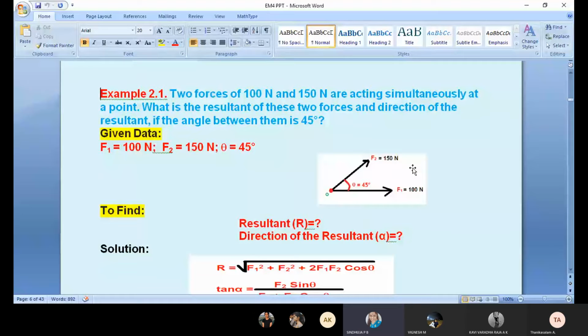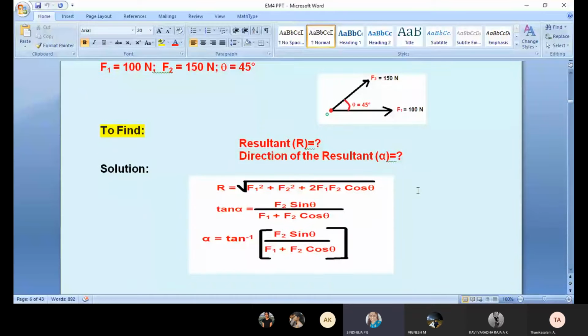In that question, force 1 is 100 Newton and force 2 is 150 Newton. Two forces are given, so we should use the parallelogram law of forces formula. Theta is 45 degree. To find the resultant of the forces, the formula is R equals root of F1 square plus F2 square plus 2 F1 F2 cos theta. And to find the angle, tan alpha is equal to F2 sin theta by F1 plus F2 cos theta.